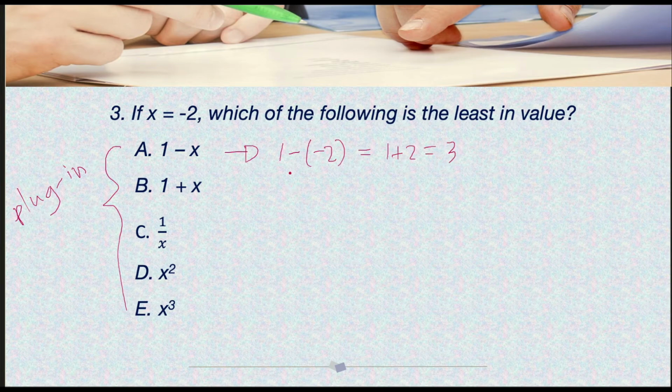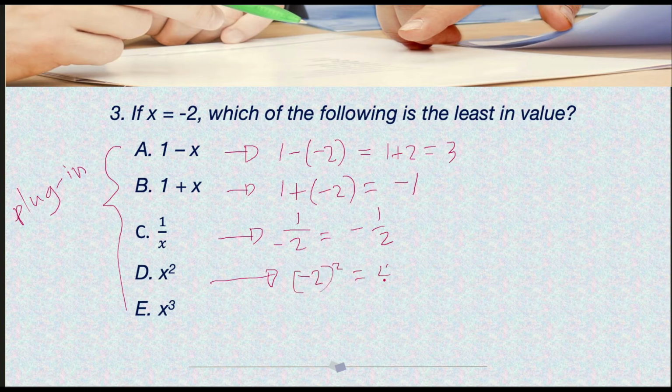Then this becomes 1 plus -2, which is equal to -1. This one becomes 1 over -2, which is -1/2. This one becomes -2 squared, which is 4. And the last one is -2 times -2 times -2, because we multiply -2 three times.